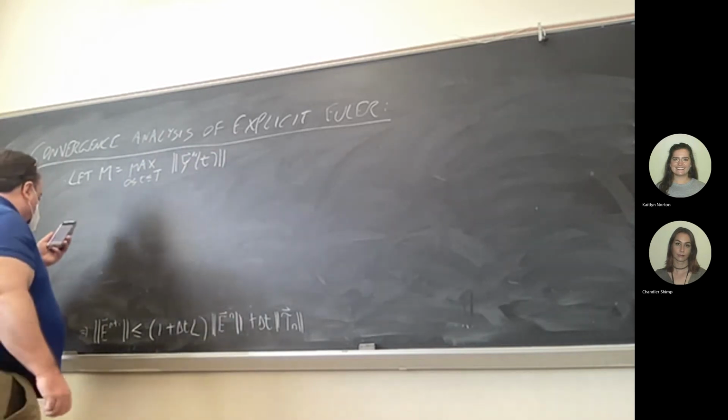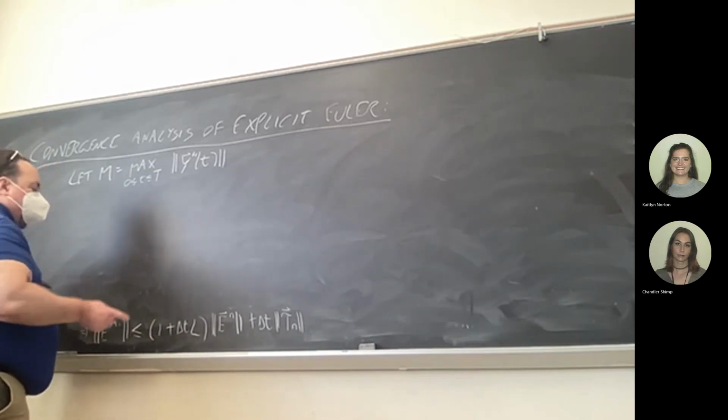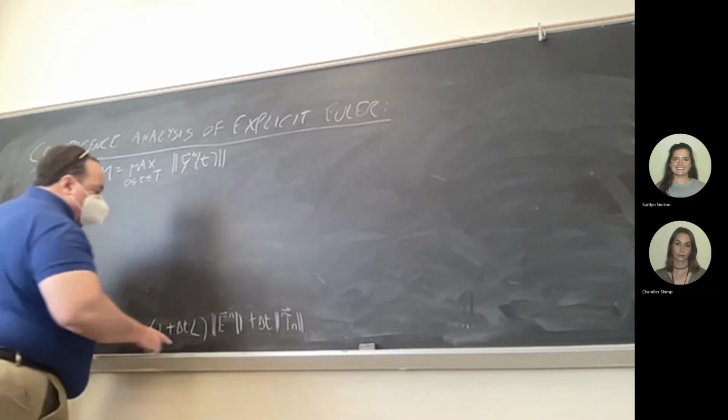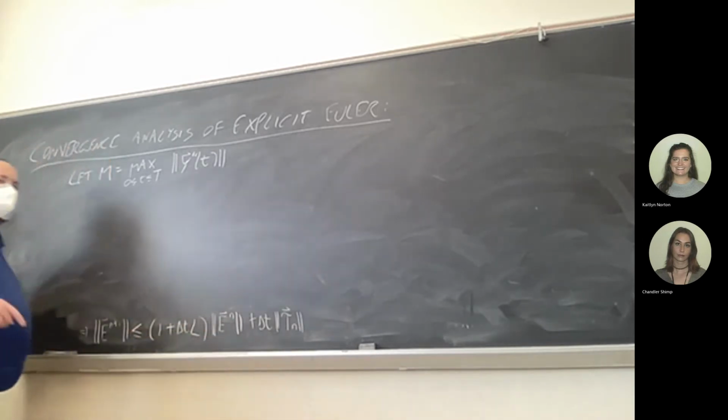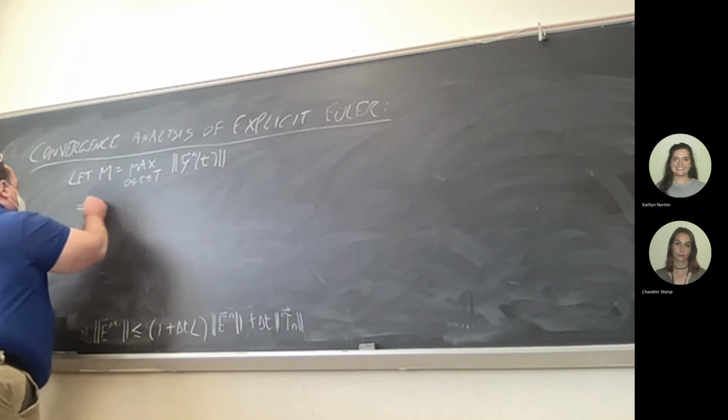So then, if I apply this recurrence relation repeatedly, like here I have E_{n+1} in terms of E_n, but if I replace this with a similar relationship in terms of E_{n-1} and E_{n-2}, and I keep going, then this is what I end up with.